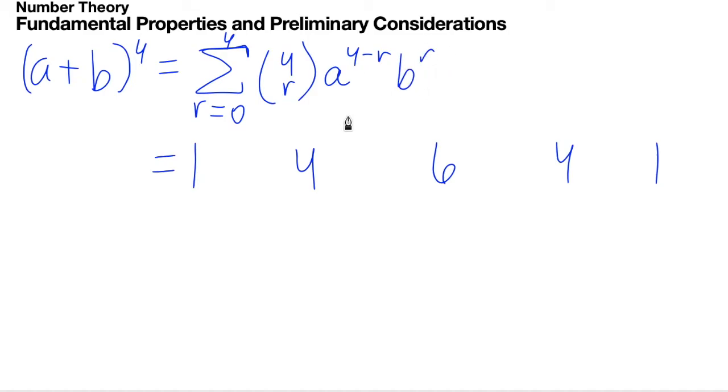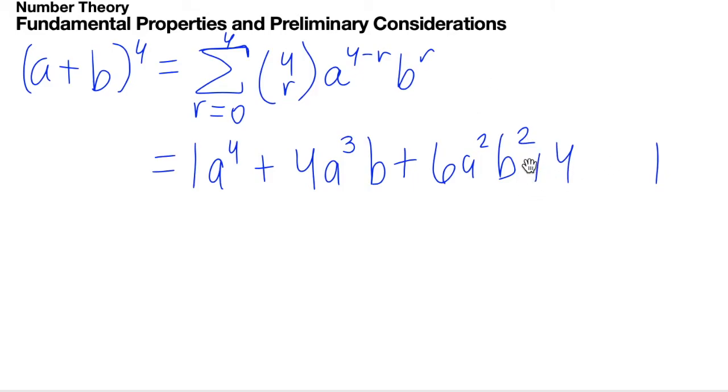because r is 0 and b raised to 0 is 1. So we have a raised to 4 plus 4. This a now will be decreased by 1, since r is 1 now. b will be raised to 1, so that's the existence of the b. Plus, we have a, this a cubed becomes squared. As you can see, it is in decreasing order, while our b is in increasing order.